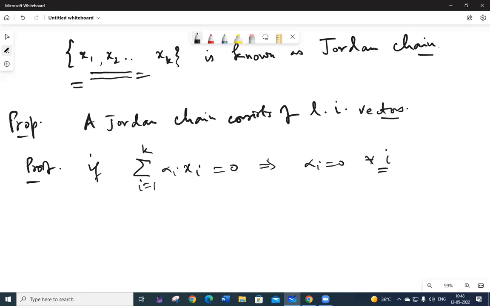Suppose, by contradiction, there is a largest index R such that alpha R is non-zero.